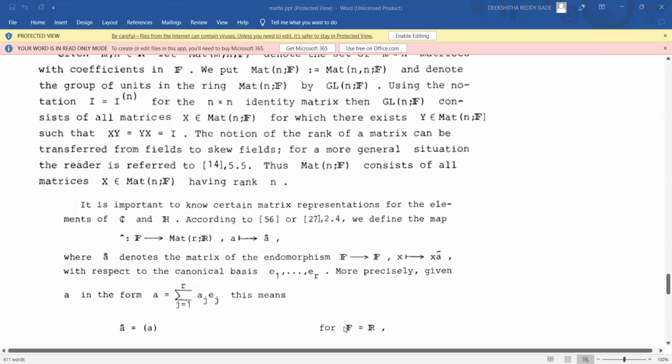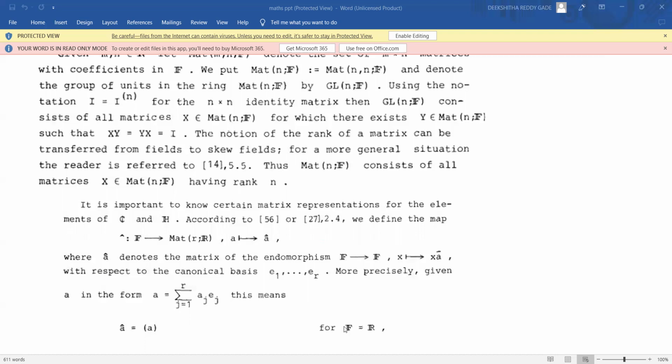Eigenvalues of a Hermitian matrix. The eigenvalues of a Hermitian matrix are always real. Let A be the Hermitian matrix such that A conjugate transpose equals A, and lambda be the eigenvalue of A. Let X be the corresponding eigenvector such that Ax equals lambda X. Then X to the power of conjugate transpose will be a conjugate row vector.